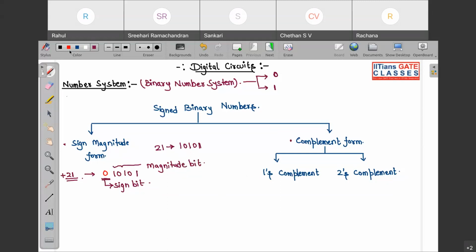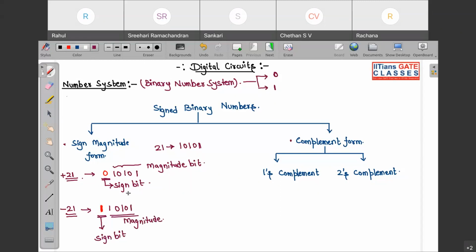Now if I wanted to represent minus 21, then this will be represented as 1 1 0 1 0 1. Now this 1 is again your sign bit, and this is your magnitude bits.